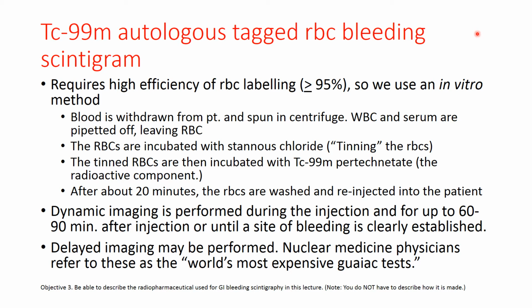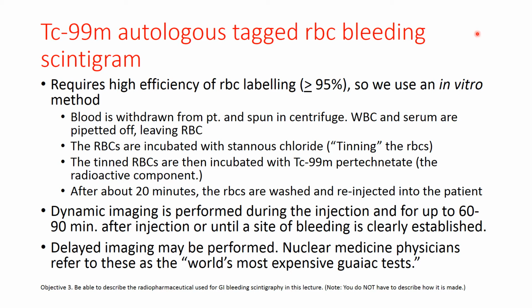But one of the things that concerns us is that if we have technetium-99m running around in the bloodstream and it is not within the red blood cells, that free technetium is excreted by the gastric mucosa. And so we get a hot area within the stomach, and we can have a false positive.